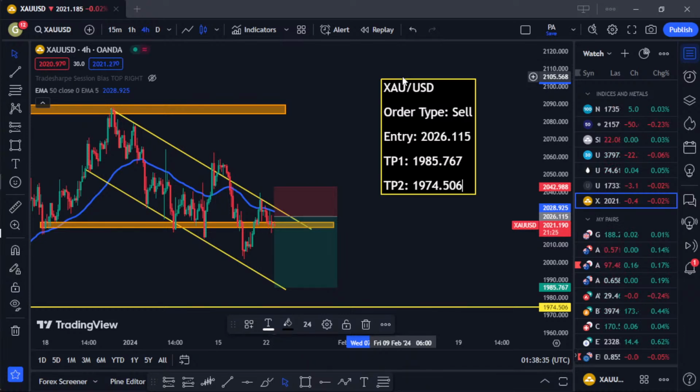So these are my trade options for this particular market, and I believe you can see them on your screen right now. So you can just take a look at this.